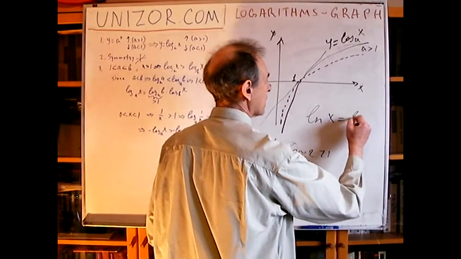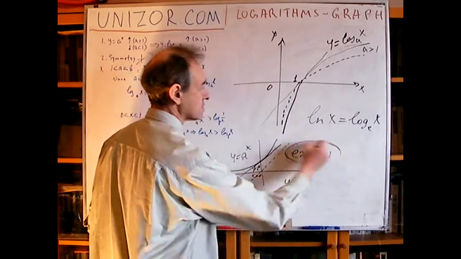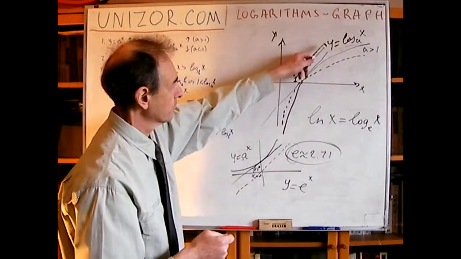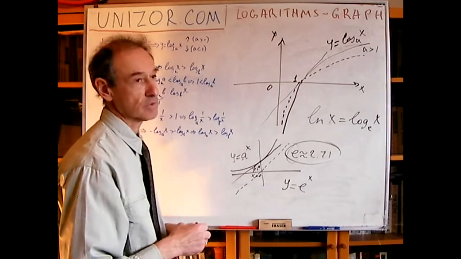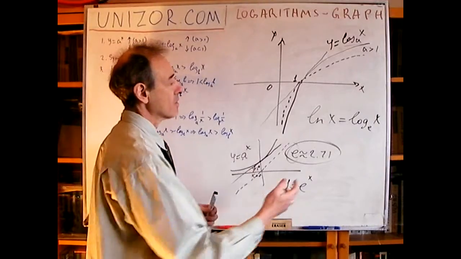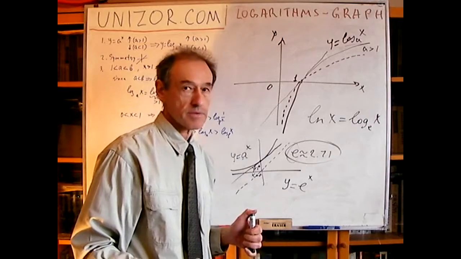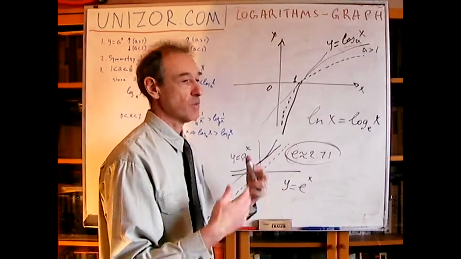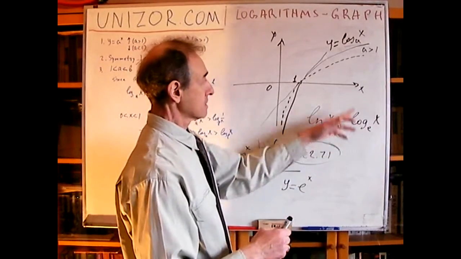Natural logarithm is logarithm base e, where e is this irrational number. It should also have this tangent at 45 degrees. So whenever the base of the logarithm is greater than e, which is 2.71, etc., so let's say it's 3 or 4, etc., it's increasing.